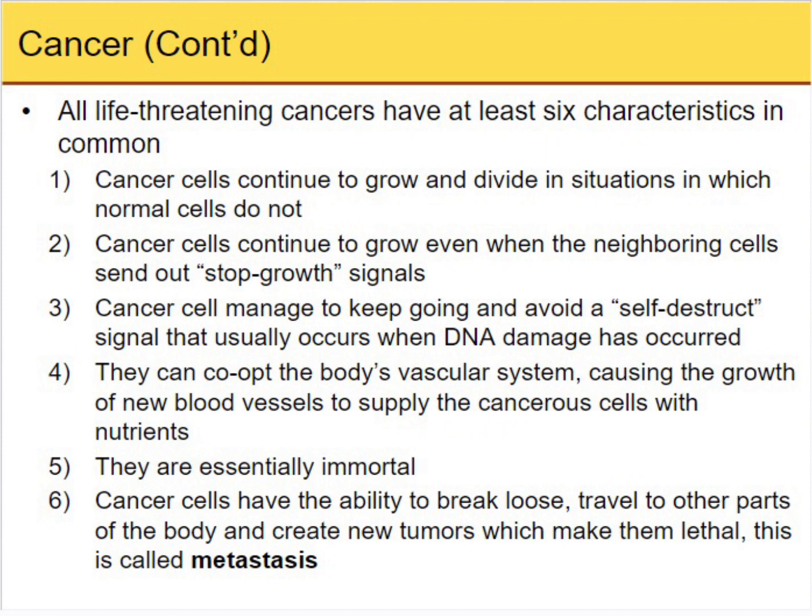And number 4, they can co-opt the body's vascular system, causing the growth of new blood vessels to supply the cancer cells with nutrients. Number 5, they are essentially immortal. And number 6, cancer cells have the ability to break loose, travel to other parts of the body, and create new tumors, which make them lethal. This is called metastasis.